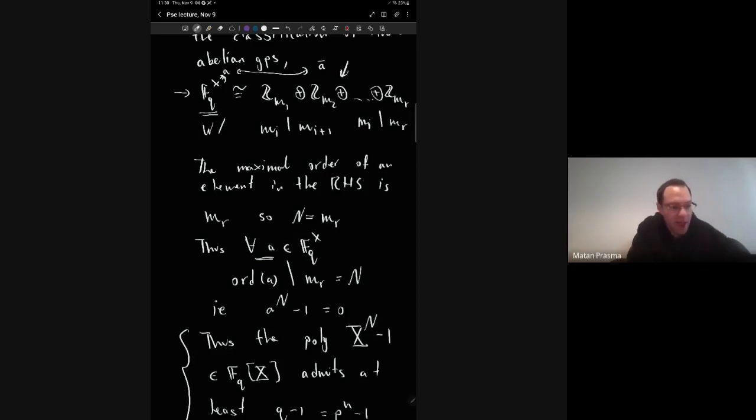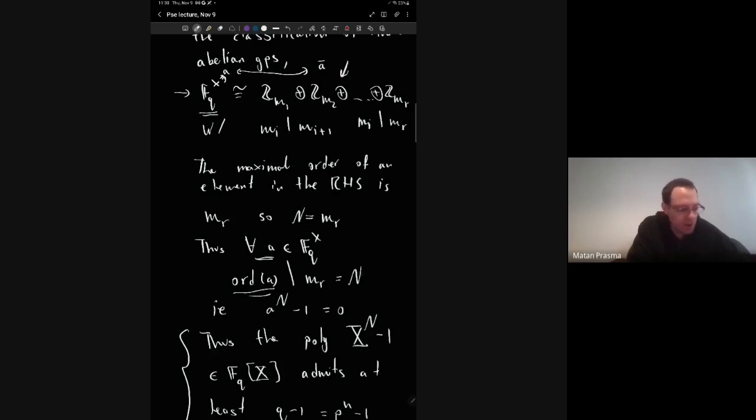Now, every element on the right-hand side has an order that divides MR. So I know that the order of A on the left-hand side must also divide MR, but MR is n.